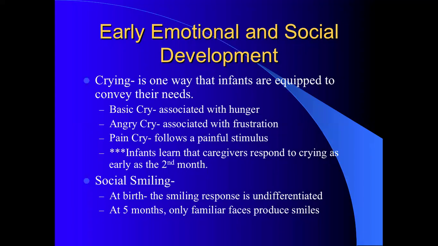They start to recognize who the important figures in their life are. So by 5 months, they will smile when familiar people come. So seeing one's mother or father or grandparent, aunt or uncle, right? These faces, because they're more involved in a child's life, are going to be more likely to produce a smile.